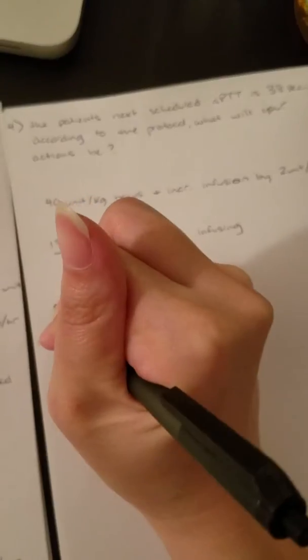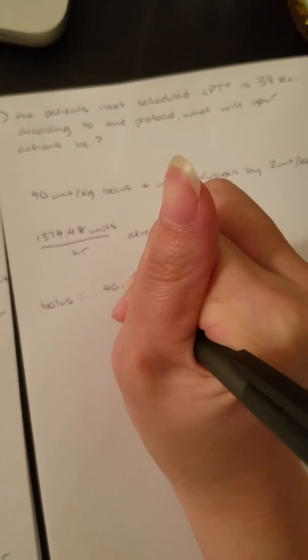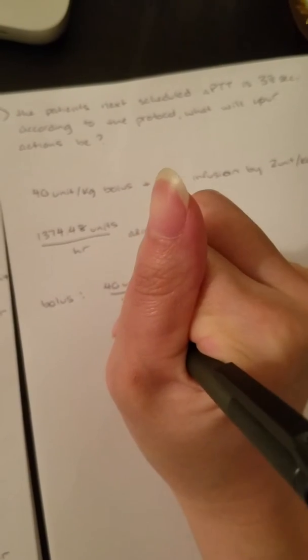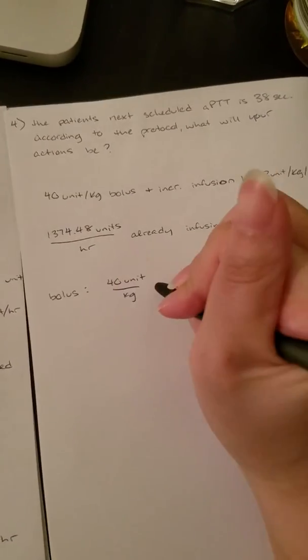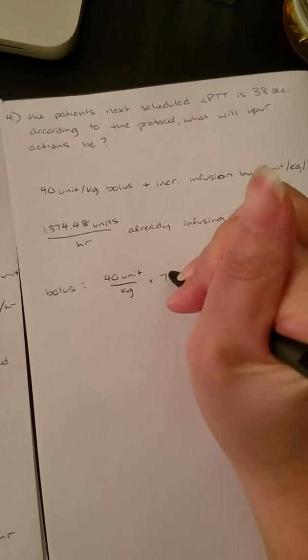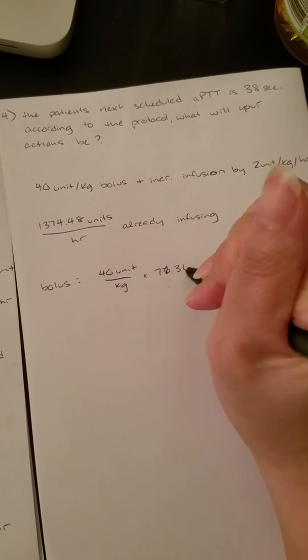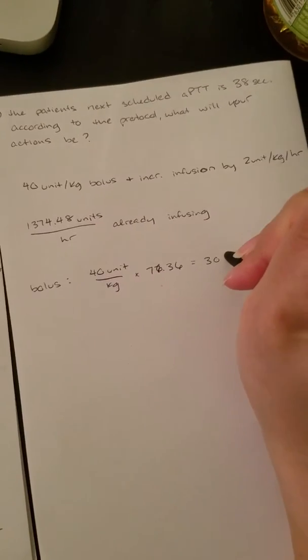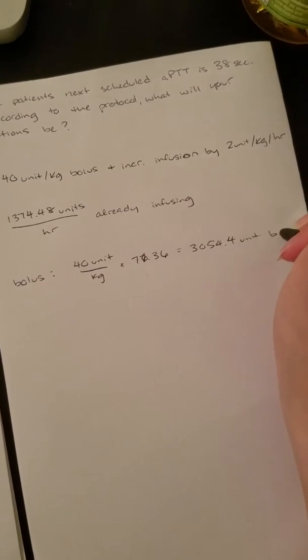So let's first calculate the bolus, and that's 40 unit per kilogram. Got that up here. And then remember his weight in kilogram was 76.36. That would equal that many units, and this is a bolus.